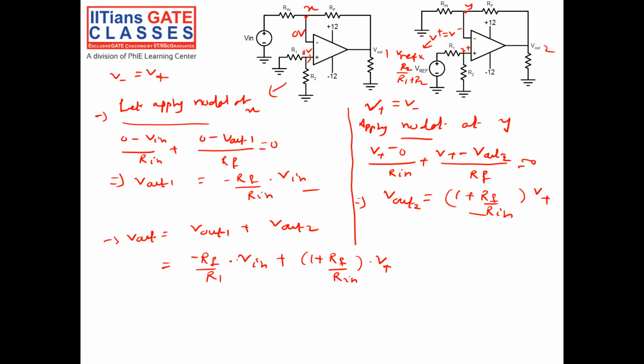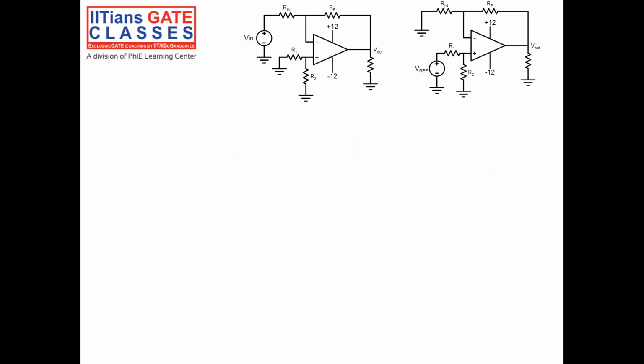So now I have to apply the conditions. Let's take this to the next page. So I got V out is equal to minus RF by R in into V in plus 1 plus RF by R in into V positive.